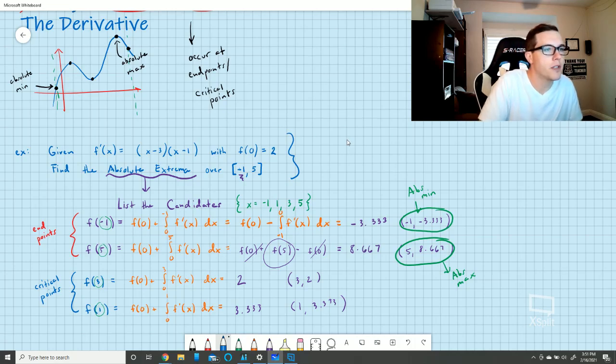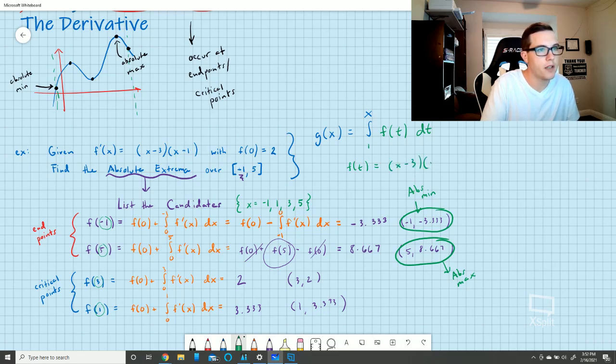Other times you'll say, given g of x equals the accumulation from, let's say, 1 to x of f of t dt, and then I said f of t equals (t minus 3) times (t minus 1).